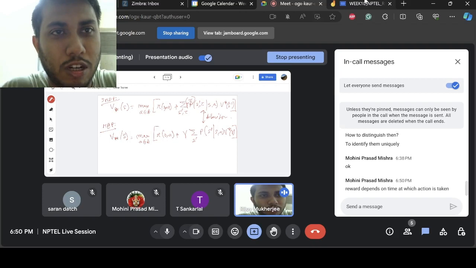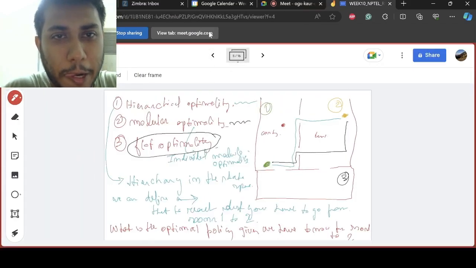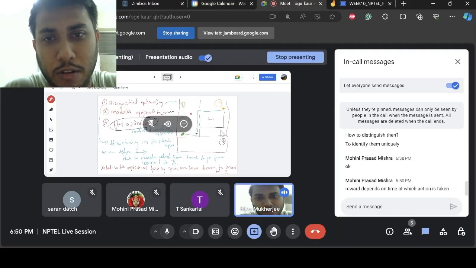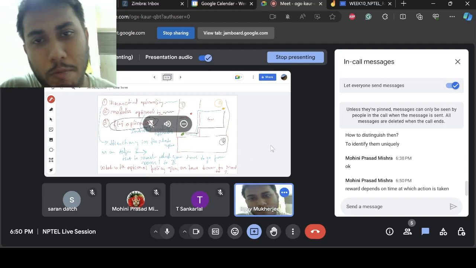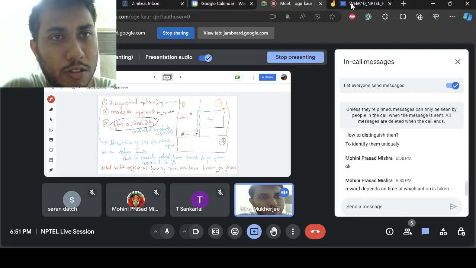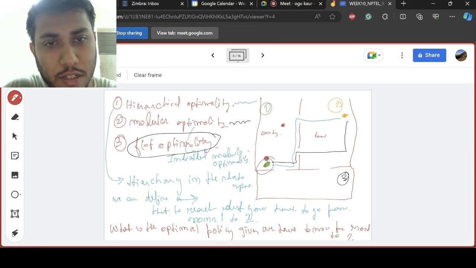So the natural answer is, let's come back to here. This is a whole other problem, right? Moving from start to goal. From this start state to goal state is your RL problem, right?